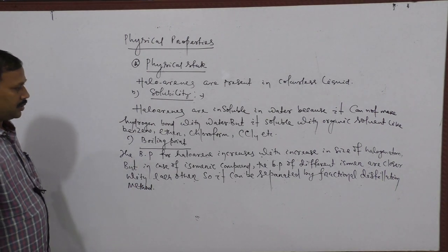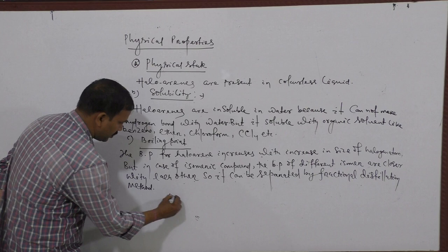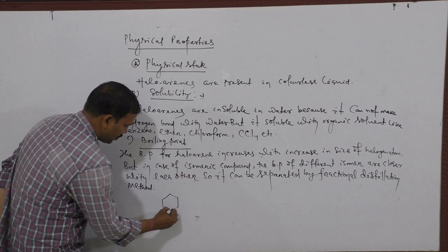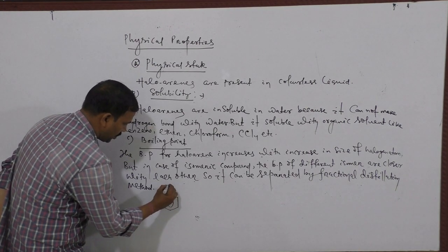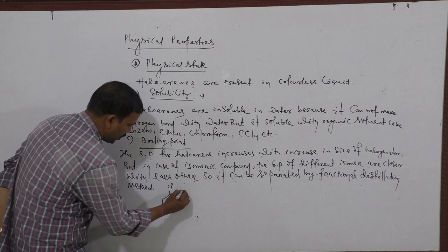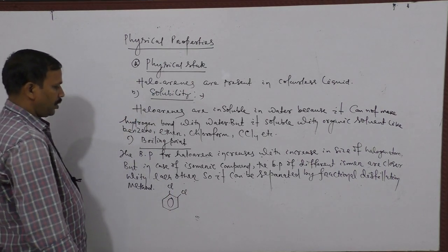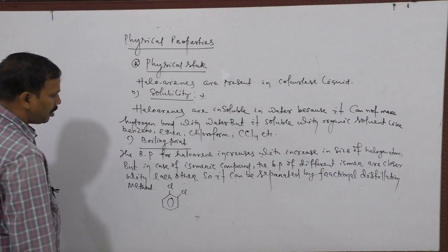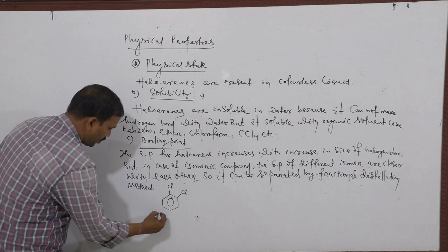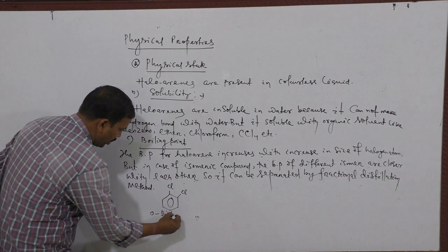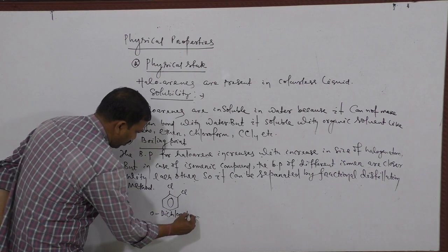Suppose see the structure. This is chlorine, this is known as ortho dichlorobenzene, that is O dichlorobenzene.